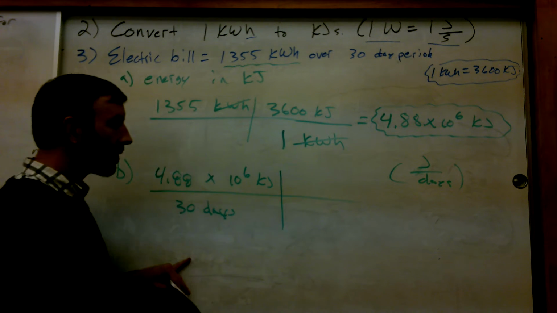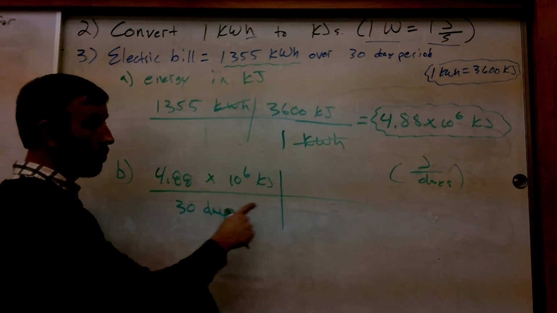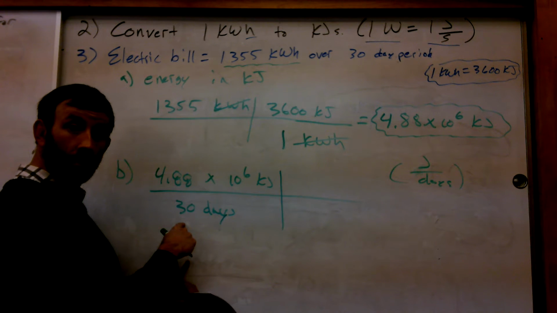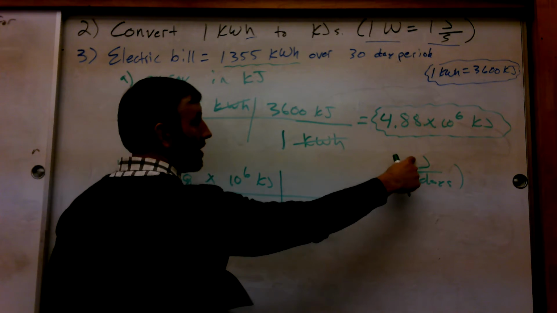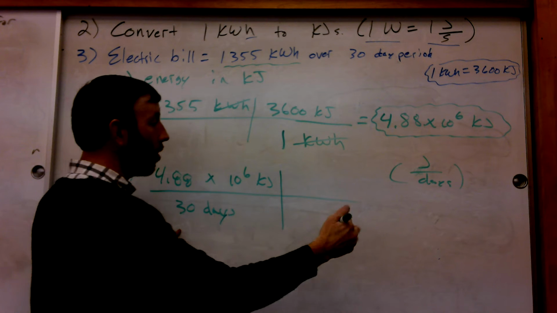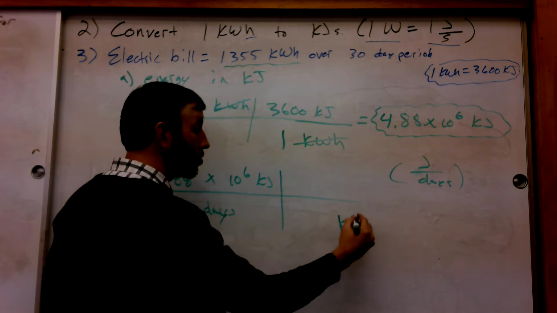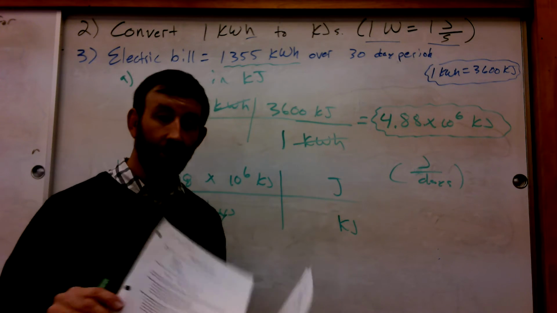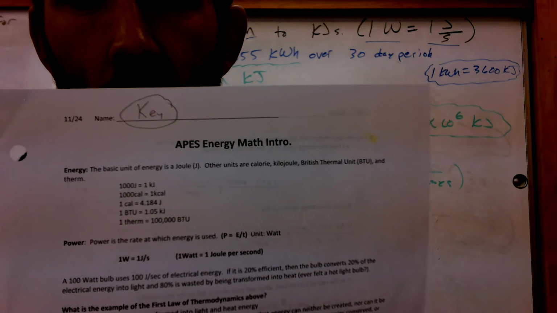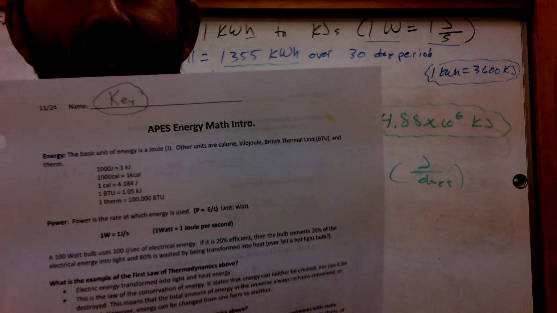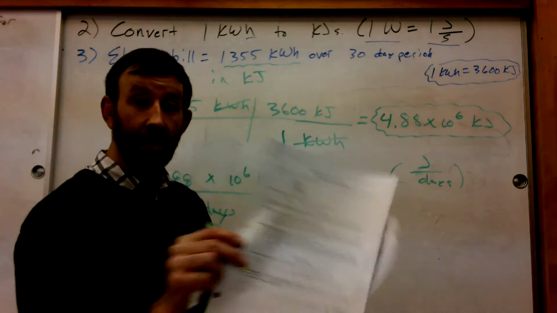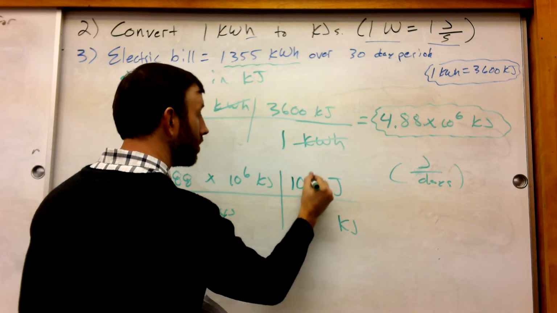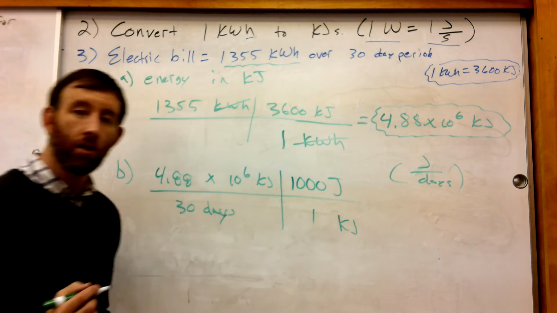Now, I've got my days on the bottom where I want it, so I don't need to do anything with that unit. I just need to divide by 30 when I'm ready. So what unit do I want on top? I want joules on top. So I'm going to have to cancel my kilojoules and convert that to joules. Now on the first page, at the top, it tells us on that very first line, 1,000 joules equals 1 kilojoule. So I'm going to take that conversion, again, right at the top. 1,000 joules is equal to 1 kilojoule.